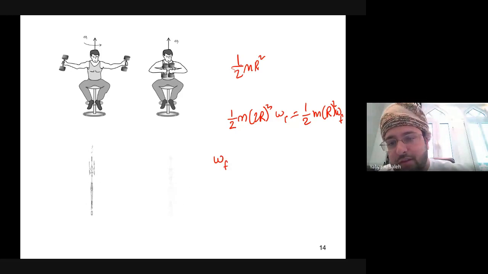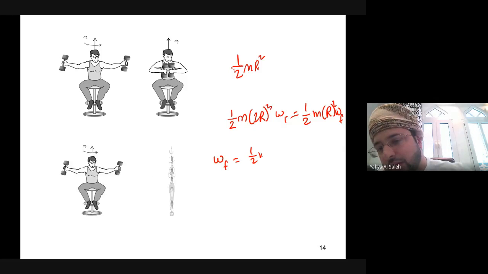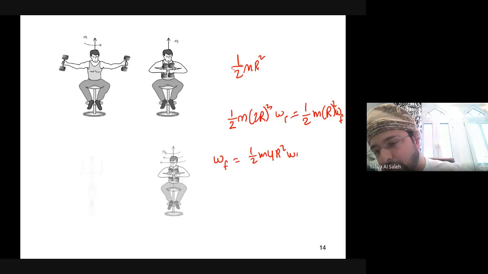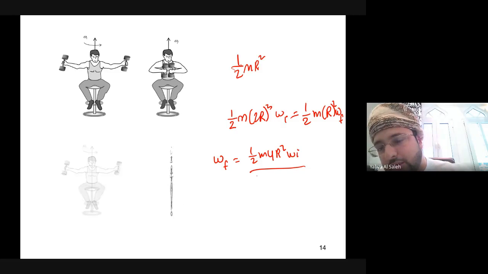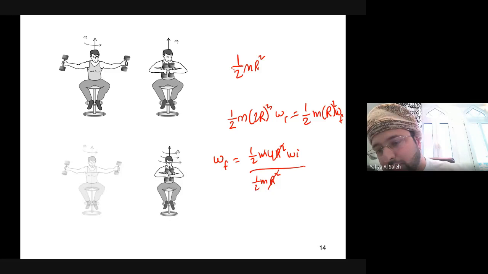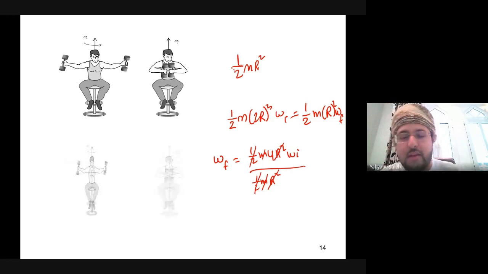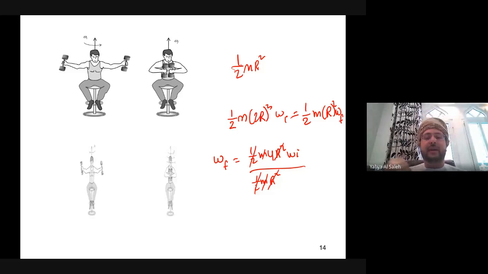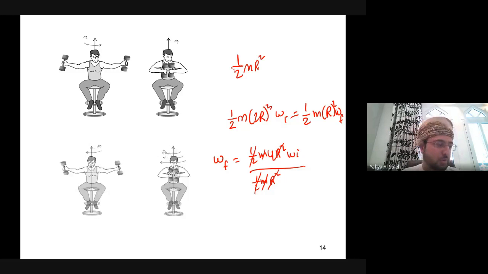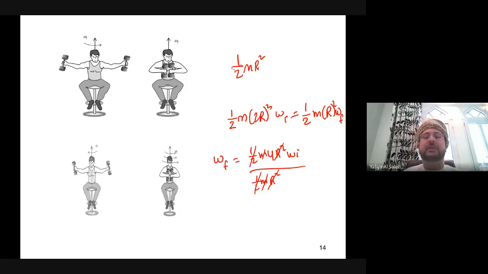So my omega final is going to be half m 4r squared omega initial divided by half m r squared. The m's go away, the halves go away. So my final angular velocity is going to be 4 times as much as my initial one. Moment of inertia has decreased when I brought them in.